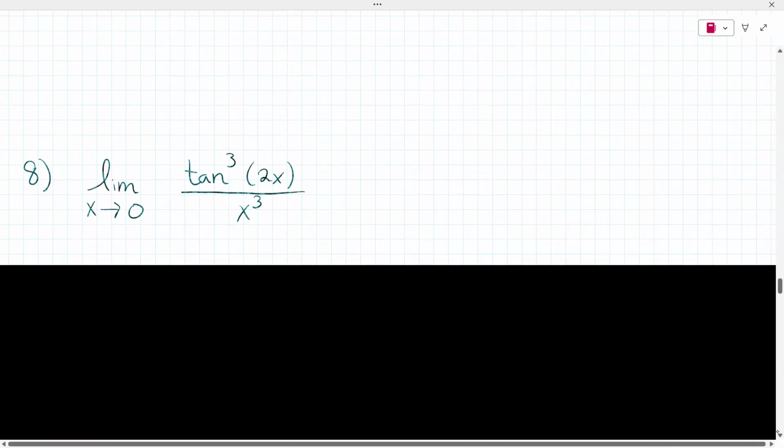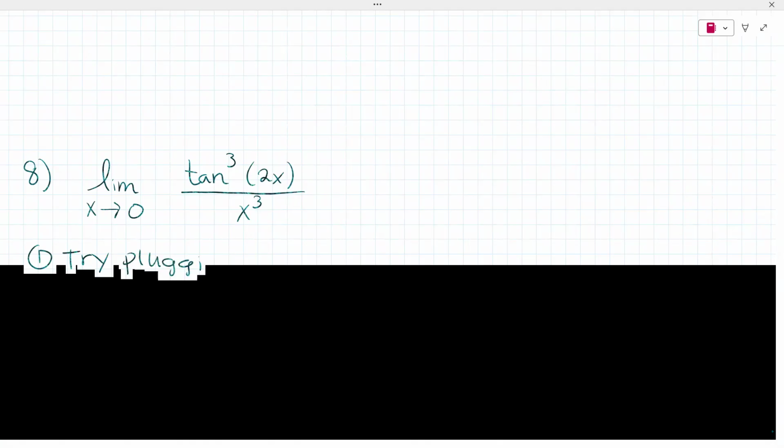Number 8 says the limit as x approaches 0 of tan cubed of 2x over x cubed. This is a rational function and our x is 0, so we can't say the limit is the horizontal asymptote because it's not dealing with infinities. So I can just try plugging it in. Let's see what I would get.